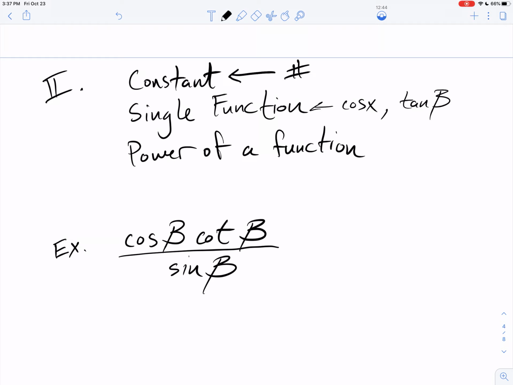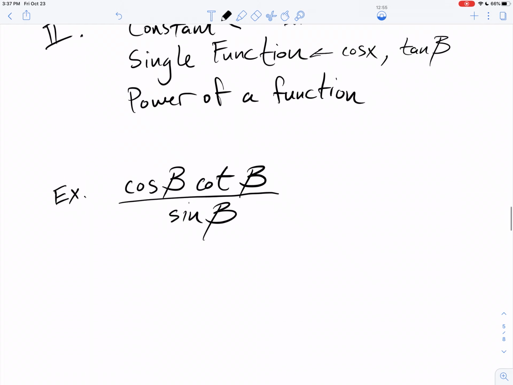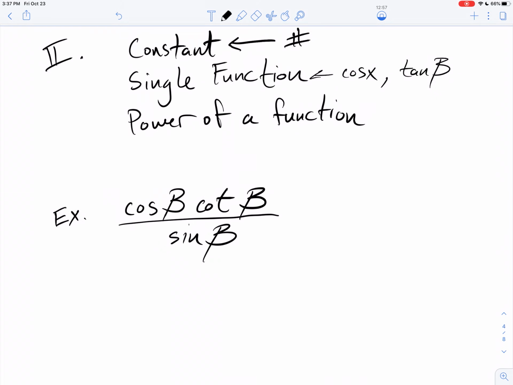Then power of a function, well, what the heck? Let's just do this first example and you'll see what I mean. So this first example, they give me this weird fraction-y thing, and they say, can you write this as a constant, a single function, or a power of a function? Well, here's what I'm going to do first.